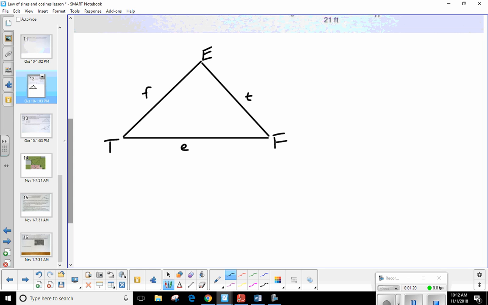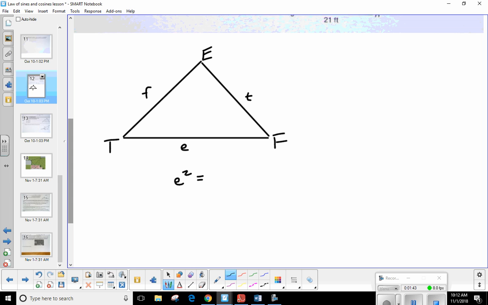Okay, so let's say that given this triangle TEF, I wanted to go ahead and write the equation for law of cosines starting with side E. Okay, so let's see if we can remember the pattern. So I'm starting with side E, but there's something I need to do to that side. We square it. Okay. So E squared would equal.